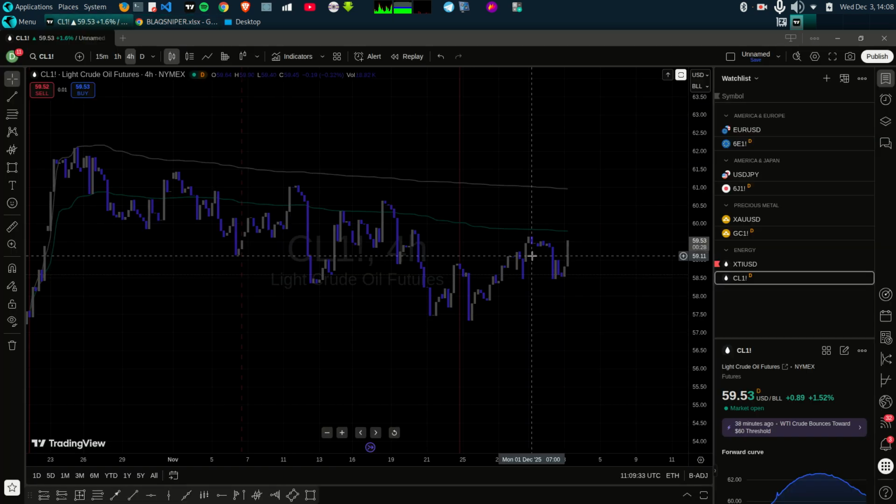On a bearish trend. So this is a mixed signal. Looking at oil also, I just have to stay quiet this week in all the pairs.